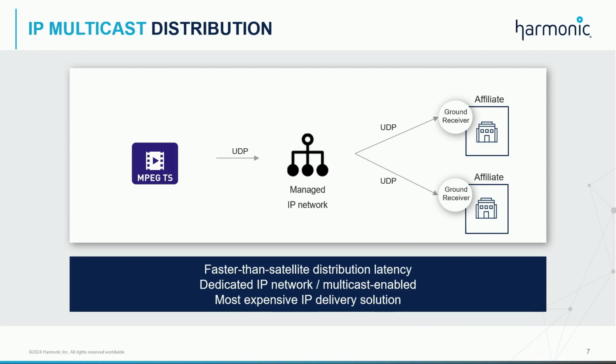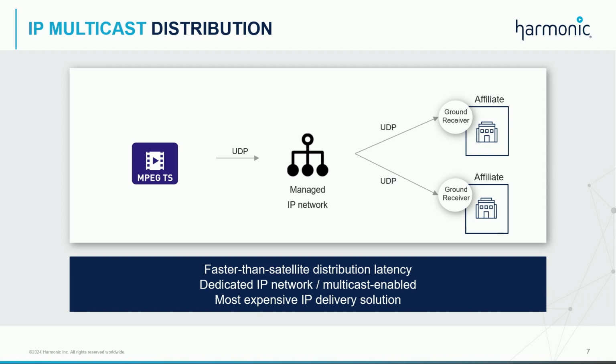When we talk about IP multicast here, essentially the content provider will have access to a managed IP network. Managed IP network meaning it can be multicast enabled, and it allows a very classical IP multicast based transmission of the content using UDP protocols to the different affiliates.